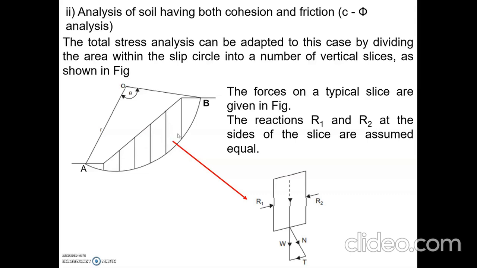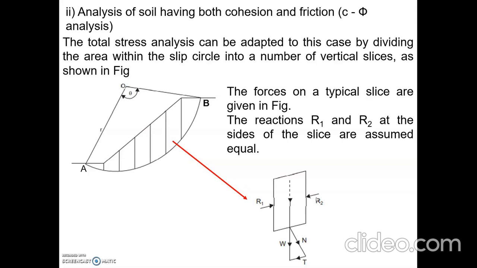The forces on a slice are shown here. So this is slice 2, and the reactions R1 and R2 at the sides of the slice are assumed to be equal. So R1 is equal to R2. R1 is exerted from slice 3 and R2 is being exerted from slice 1.